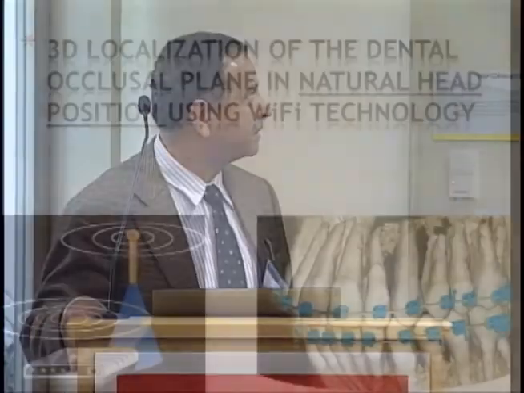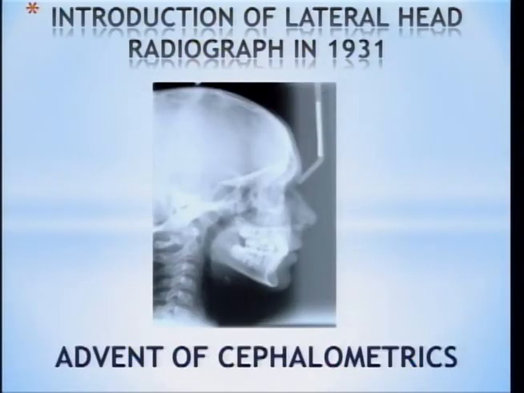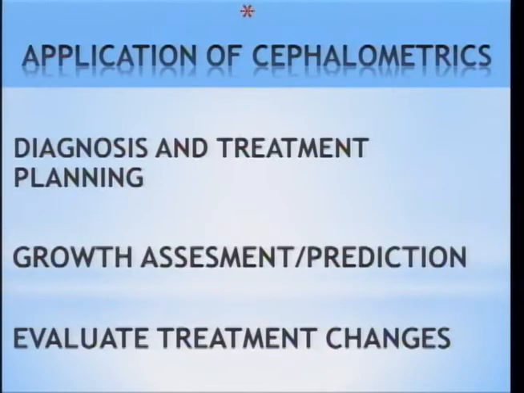So what I'm going to address today is the problem that we are having in the 3D localization of the dental occlusal plane in natural head position. And the way to start that is to go back and look at the history. Around 1931, cephalometrics was introduced in orthodontics with the advent of the lateral head X-ray.